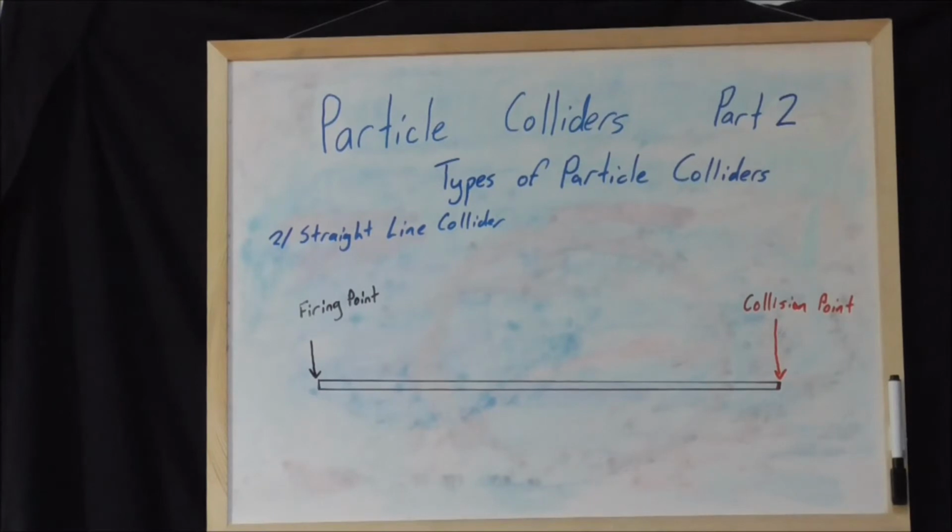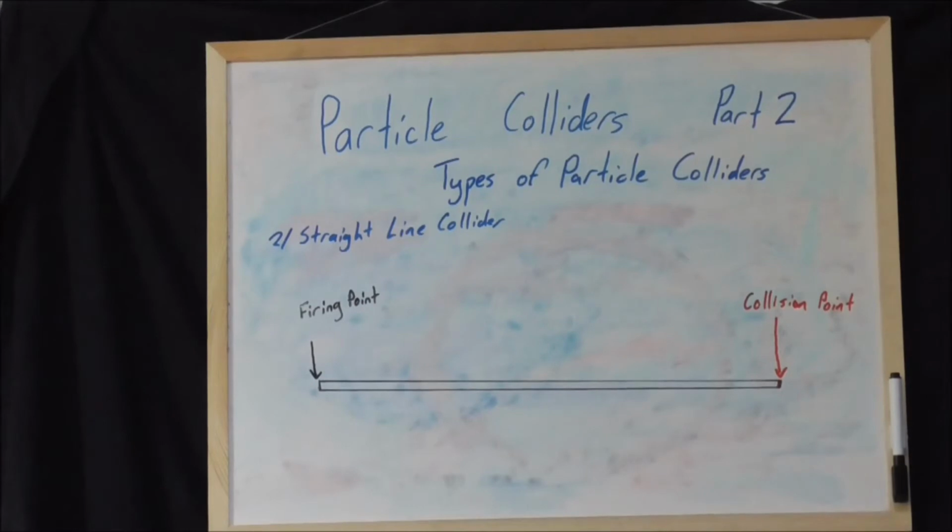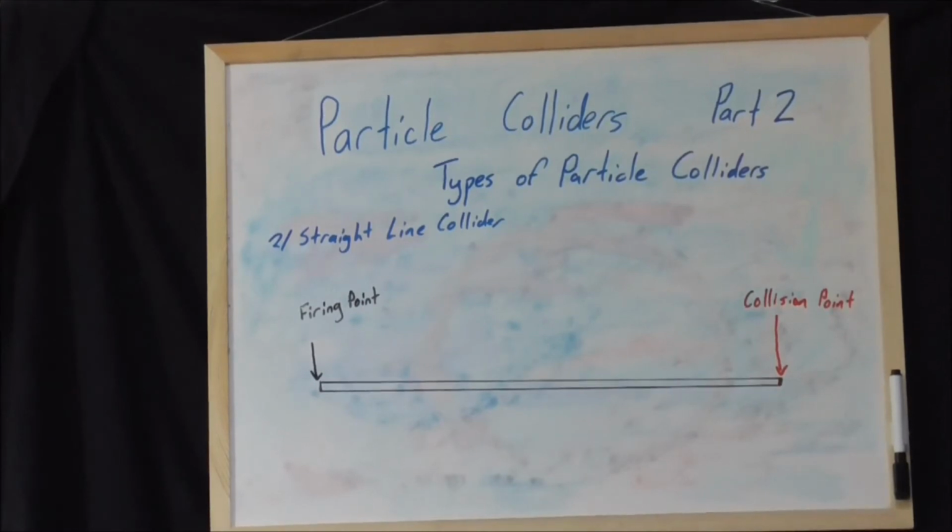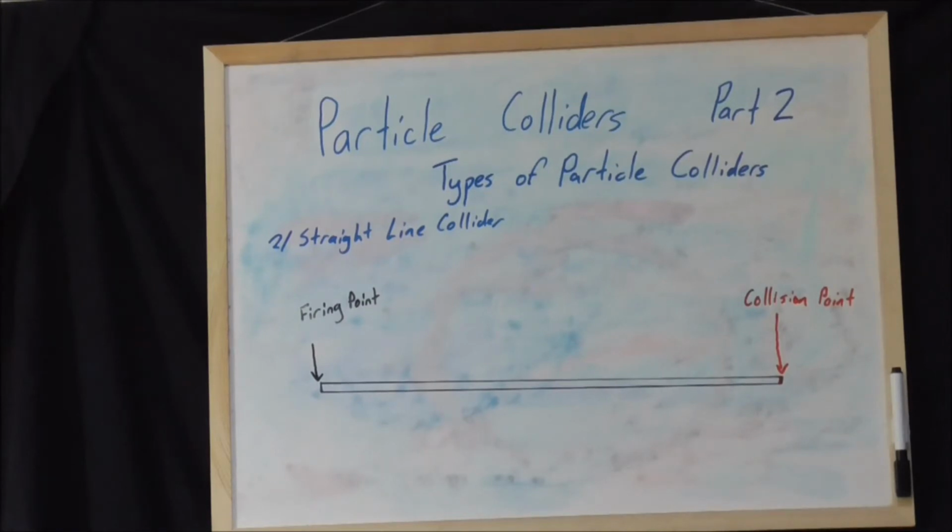Here's the second type of particle collider, the straight line collider. So at one end is the firing point, at the other end is the collision point. The important thing about this collider is the run needs to be long enough in order for the particle to go beyond the speed of light.